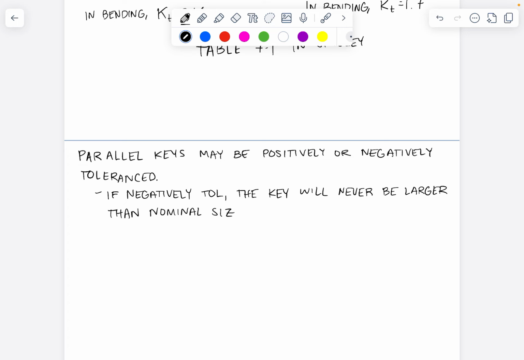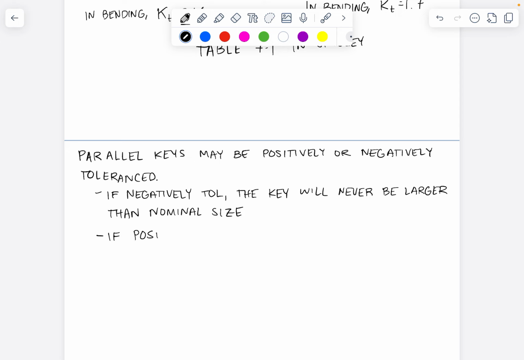So for a negatively toleranced key, you can cut with a standard milling cutter to the nominal size and then cut it down from there, and the key will fit inside of the key seat with a slight clearance.